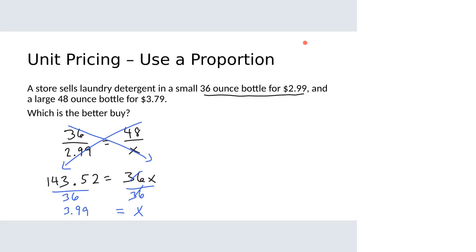So, very similar to what Lorraine did. If 36 ounces cost $2.99, at that same unit pricing, 48 ounces would cost $3.99. Since we're getting it for $3.79, the large bottle is the better deal.